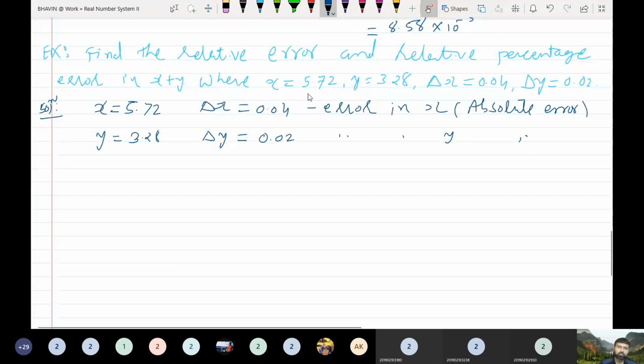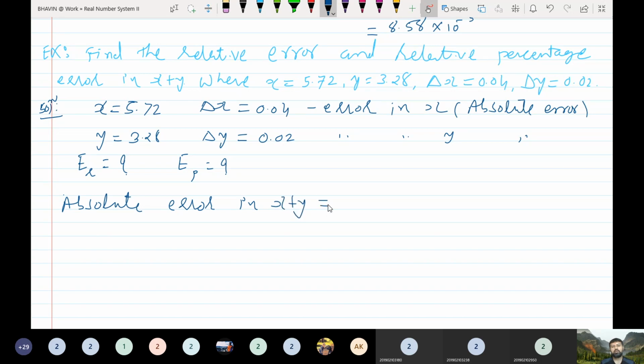Now I want to find out relative error and relative percentage error. So first of all, we should find out its absolute error in x plus y. It is denoted by EA, and its definition is true value minus approximate value.